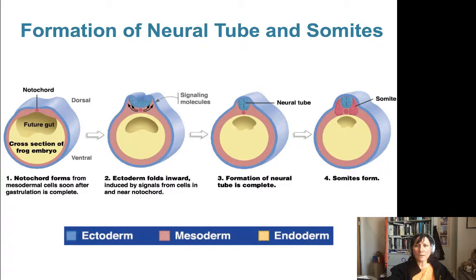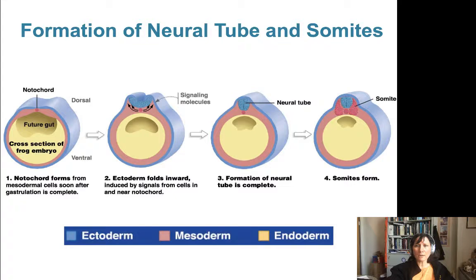What happens is a series of cells begin sending out chemical signals, developing just to one side of what's going to be the gut, so on one part of the embryo. As those signaling molecules kick into high gear, they make the ectoderm, shown here in blue, start to pooch up.